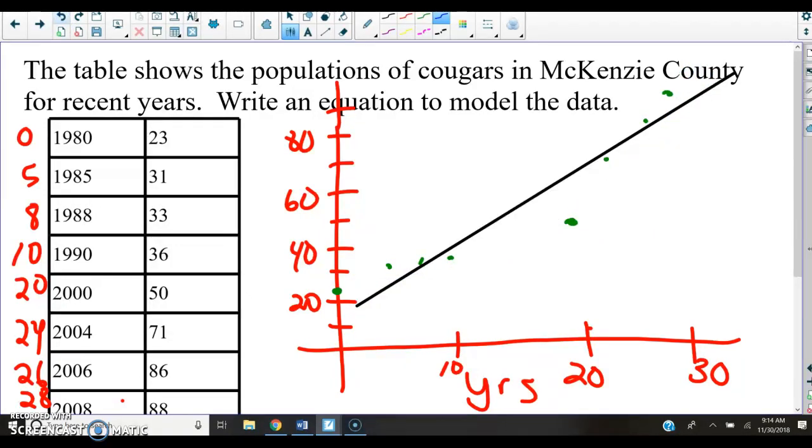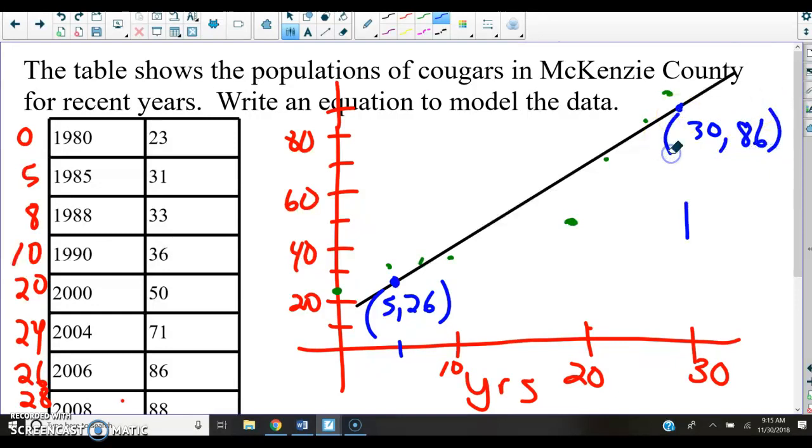So when I go back and pick out points, okay, I think that, let's go (5, 26), looks pretty good. And up here, okay, I'll go (30, 86).